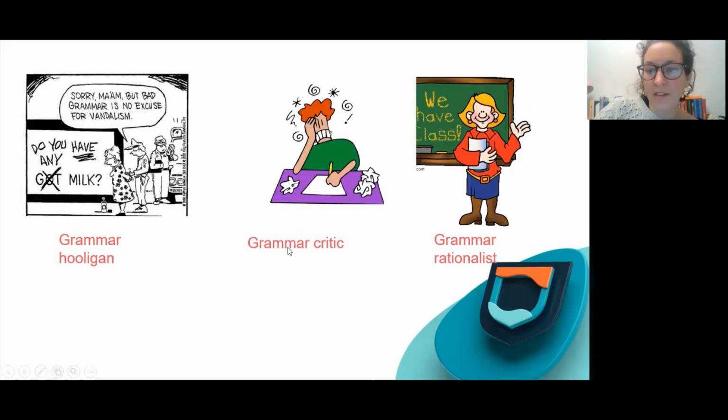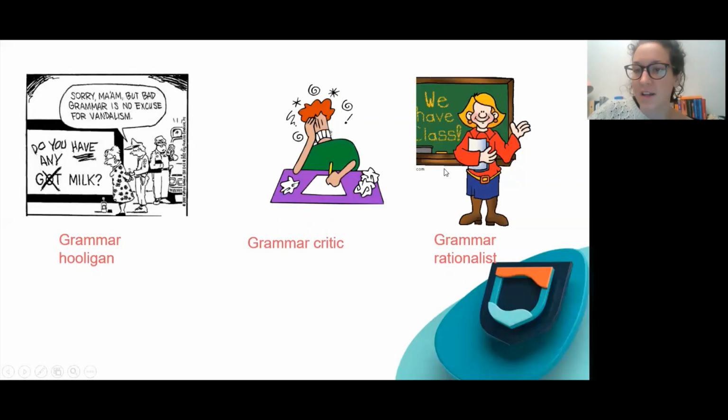Then a grammar critic is someone who doesn't really like teaching grammar and thinks it's not that important to speak grammatically correct. Like we had at the beginning, he go to cinema. Okay, that's understandable. That's enough. So that would be a grammar critic.